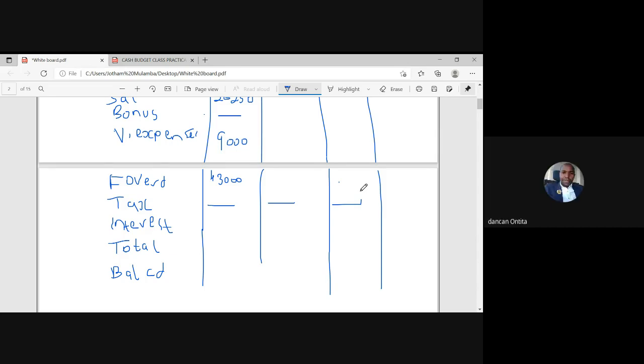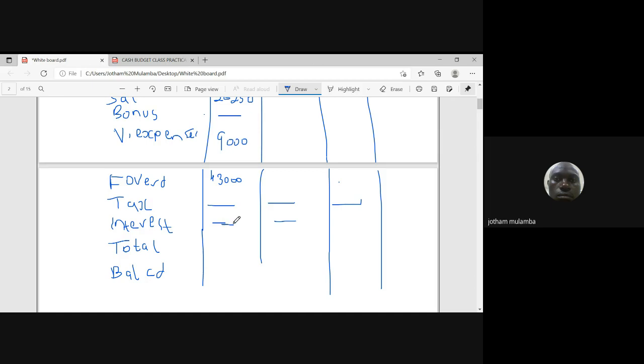In our case, we assume he has not paid, so it would be paid in December. If they have paid, they'll pay in March. So in this case, it should be in March. That's correct. So we cancel January, we cancel February, and we'll deal with it once we get to March.